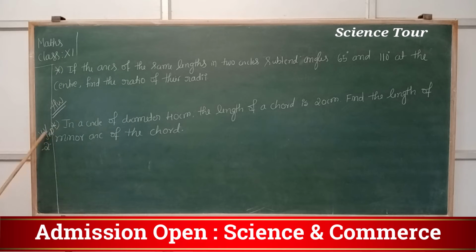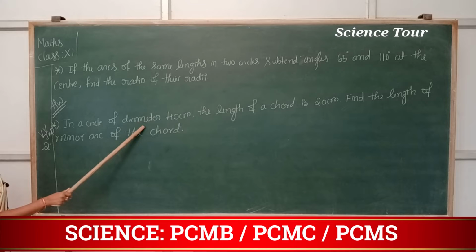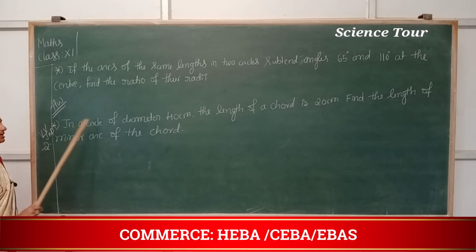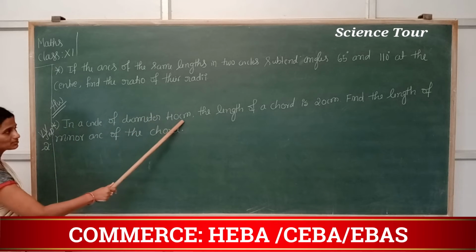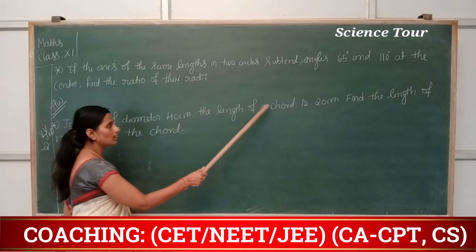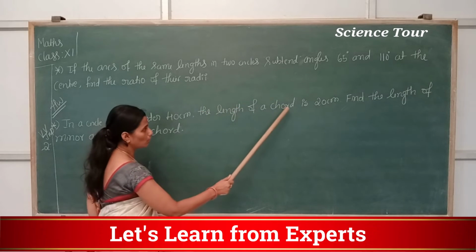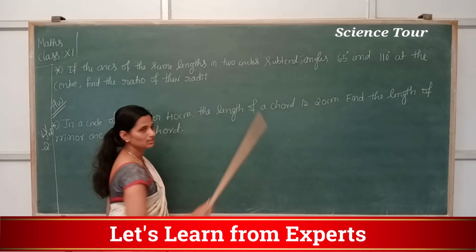Now the next very important question for 2 marks. In a circle of diameter 40 centimeter, the length of a chord, this is not r, the length of a chord is 20 centimeter.